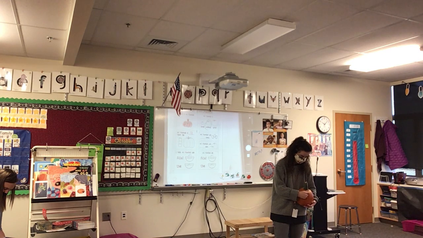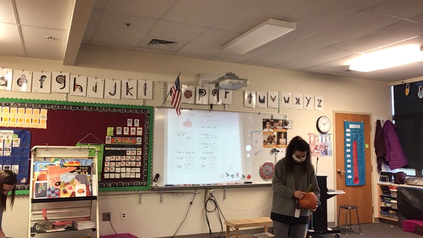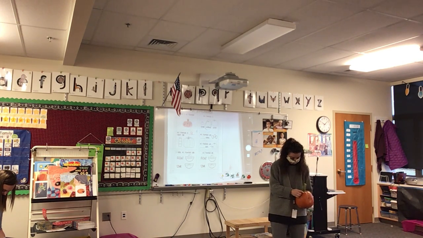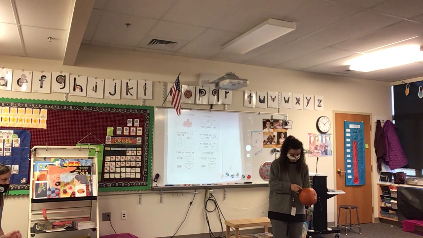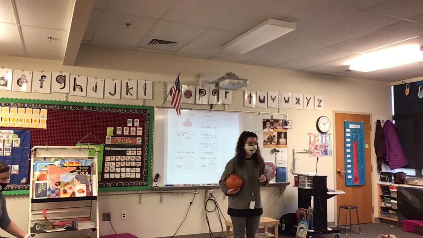Everyone help me out. 1, 2, 3, 4, 5, 6, 7, 8, 9, 10, 11, 12, 13, 14, 15, 16, 17, 18, 19, 20, 21, 22. Oh my goodness. So mine has 22 lines.